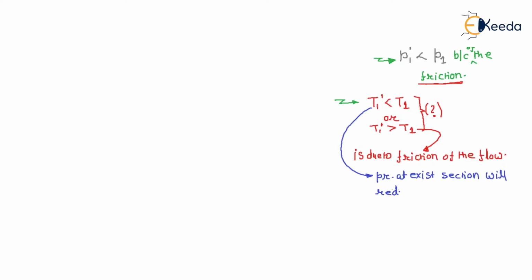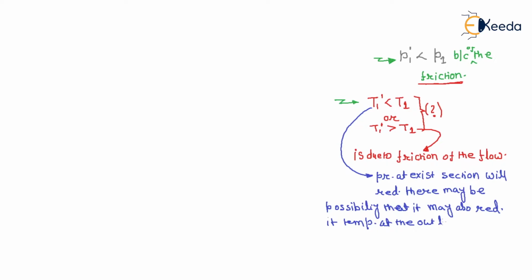Because of this pressure reduction, there is a possibility that it may also reduce its temperature at the outlet. So these two counter effects mean there may be a temperature increase at the exit or a temperature decrease at the exit.